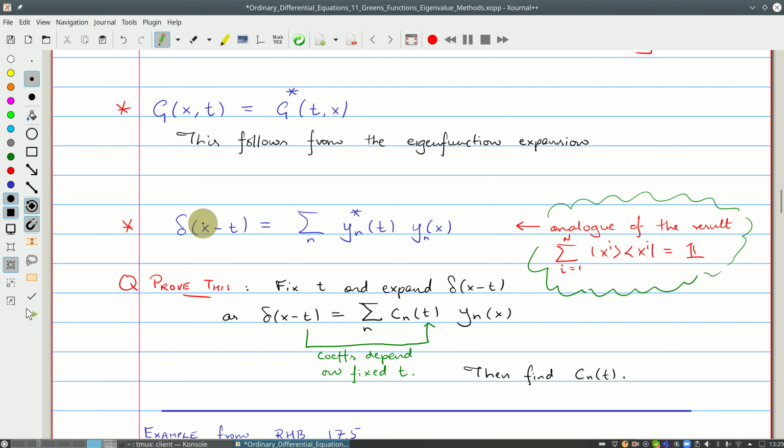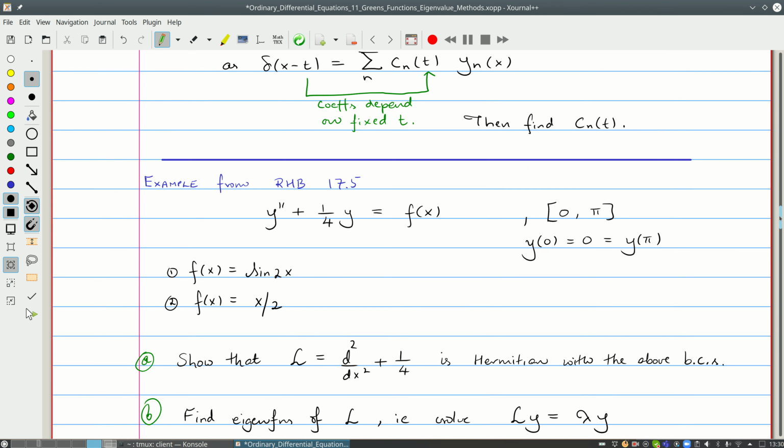And here the identity matrix is taken up by this Dirac delta. Okay, so to prove this, for a fixed t, consider expanding this delta function as some coefficients which will depend on t times this yn of x, and then use the inner product relations as we did above to find out what these coefficients are. It's kind of nice to do this.